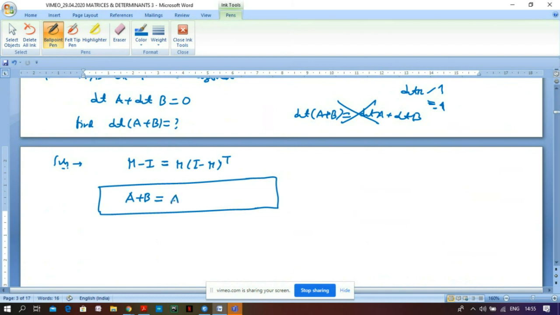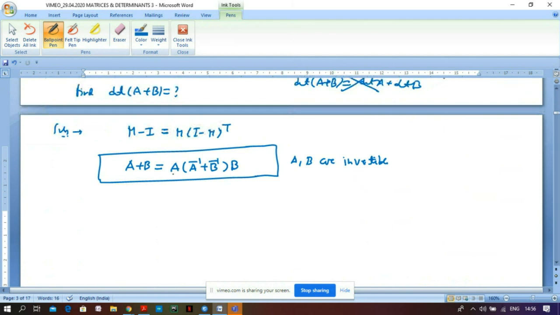So A plus B is A times A inverse plus B inverse times B. So this I am proving for matrices in which A and B are invertible. Right now, I'm saying nothing about orthogonality. If A and B are invertible, then we will get A plus B is A times A inverse plus B inverse times B. That we can quickly, of course, verify.